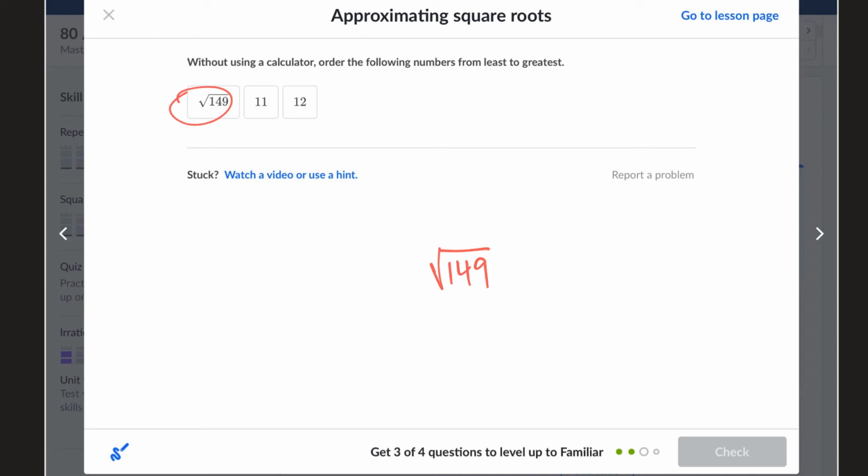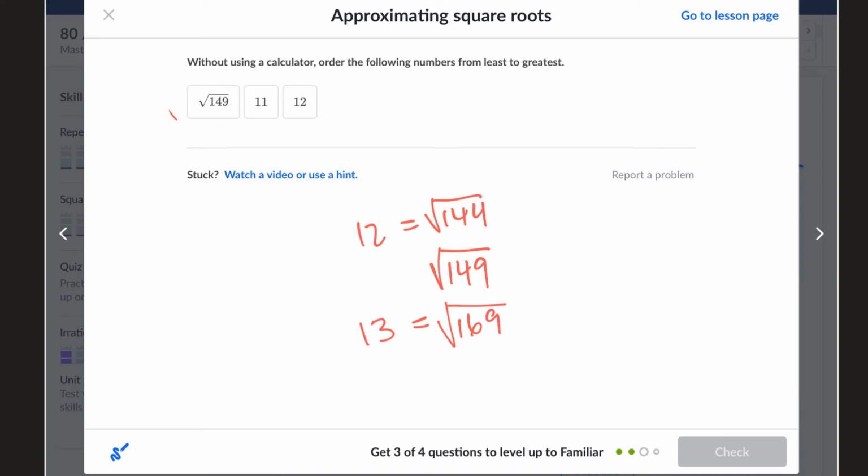So 12 is equal to the square root of 144, and I know that 13 squared is 169. So that means the square root of 149 is in between 12 and 13. So that makes it the largest value.